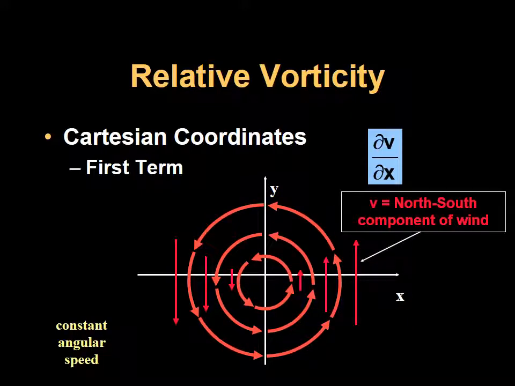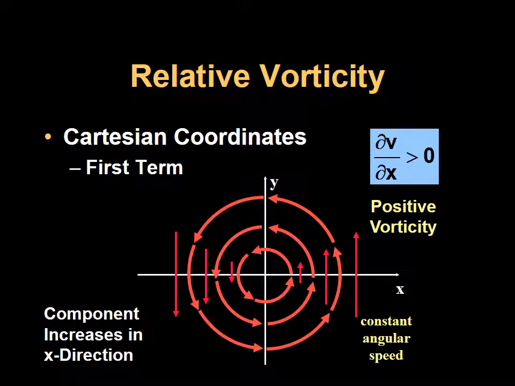So that's the north-south component. If I draw those components, it looks like they're getting bigger as I move in the positive x direction. So that means our change in v in the x direction is positive vorticity. And that makes sense because we said that using natural coordinates, the spin is positive. So that's okay. We're good there.